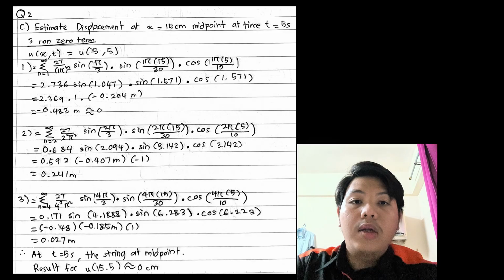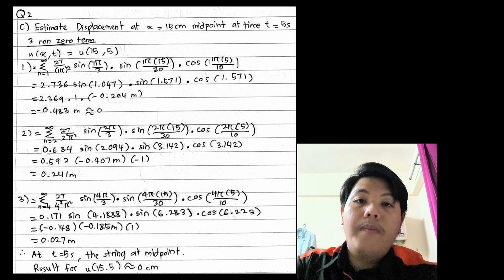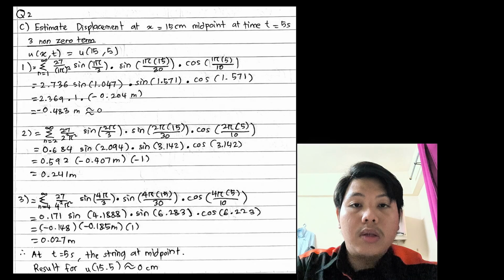By adding all these three terms, we got u(15,5) approximately equal to 0. Therefore, at t = 5 seconds, the displacement at the midpoint is approximately 0. The string is passing through its equilibrium position.